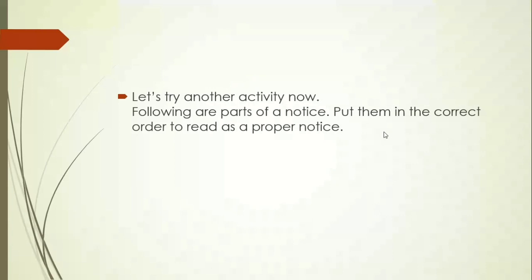Let's try another activity now. Following are parts of a notice. Put them in the correct order to read the proper notice. You will find some pieces in jumbled order, so you have to connect them.